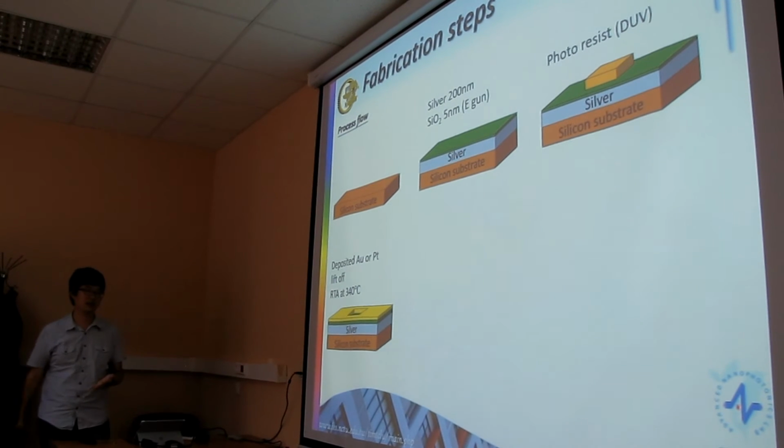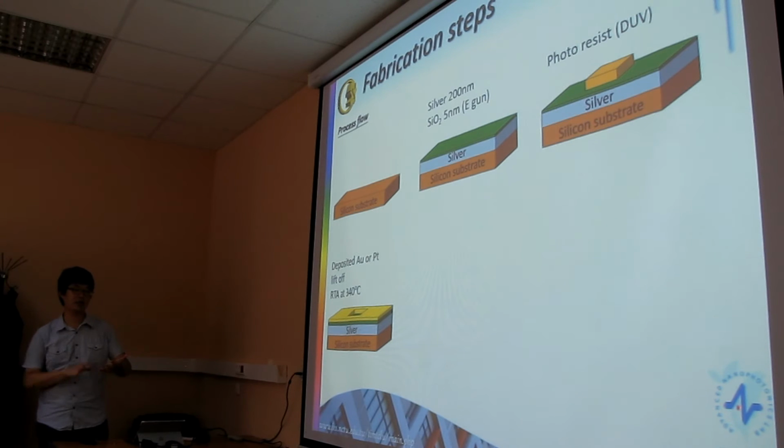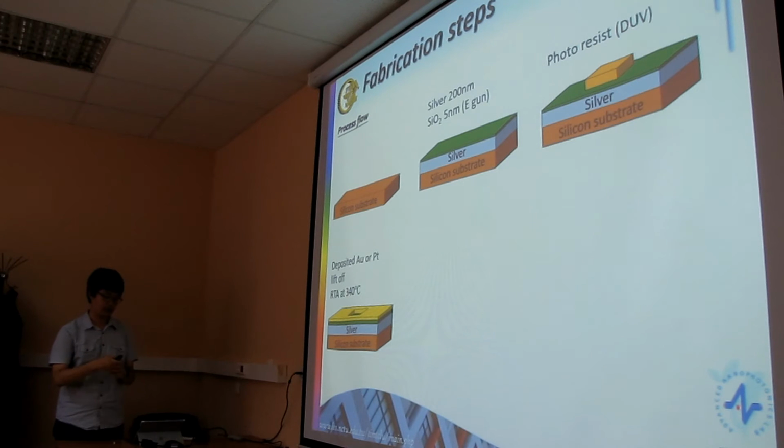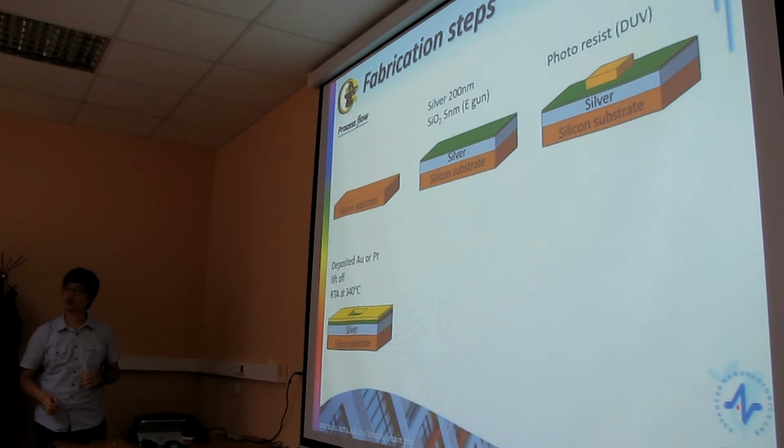Because it is a randomized distribution, it is hard for us to find a single nanowire. But once we find one, we can use those metal holes to locate the position of the wire. So the nanowire cannot be controlled to deposit in the hole, but it serves as a kind of mark.